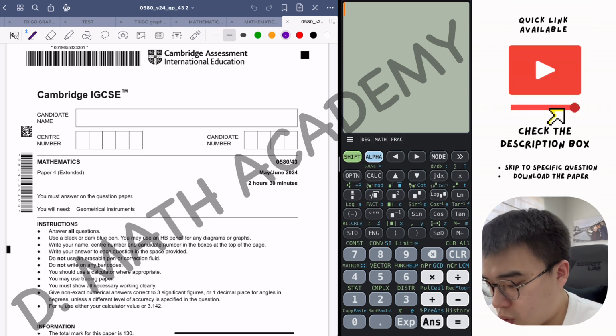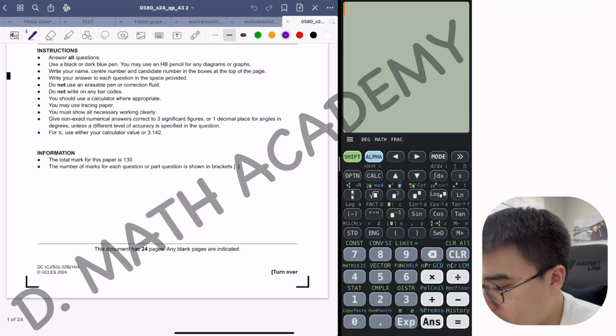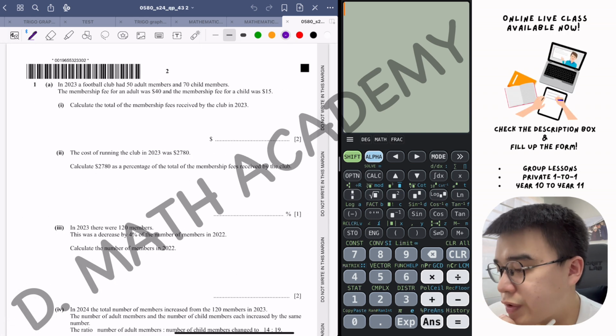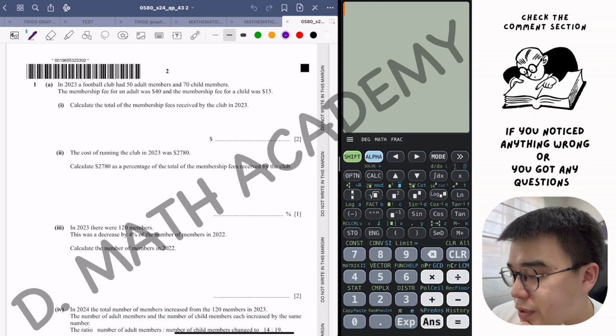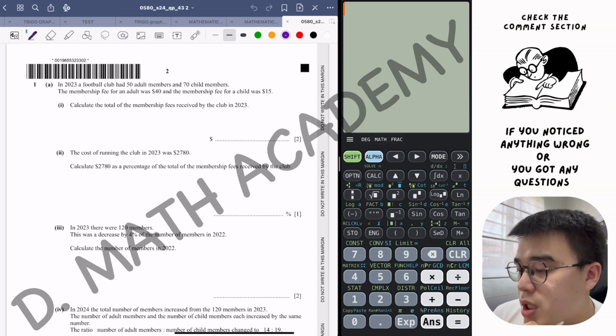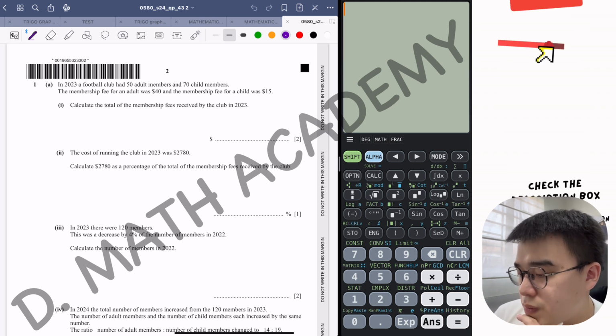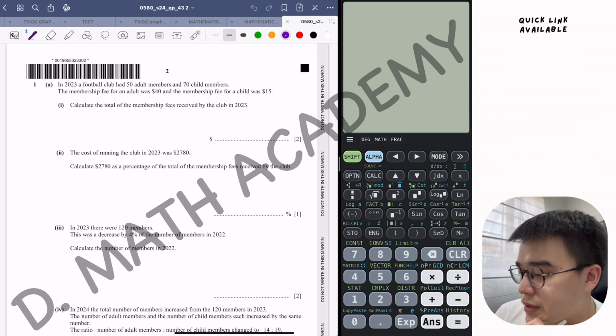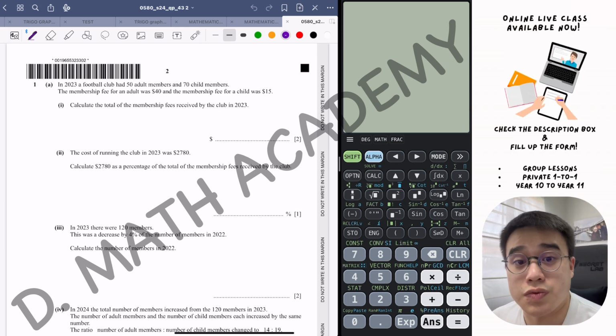Okay, so let's have a look at the first question. In 2023, a football club has 50 adult members and 70 child members. The membership fee for an adult was 40 and the membership fee for a child was 15. Find the total. This one is pretty straightforward.